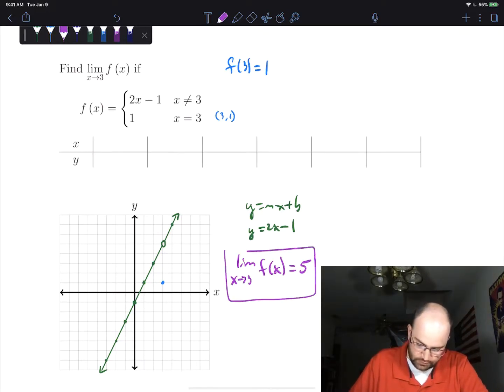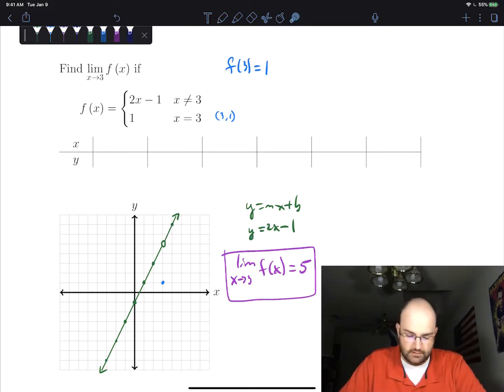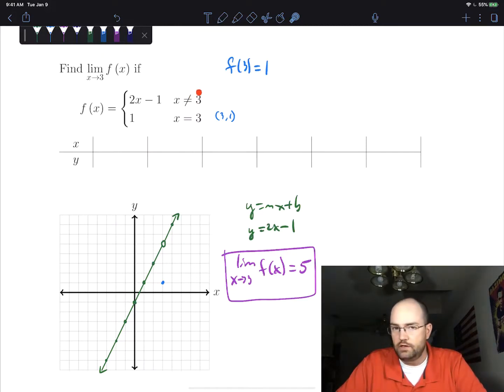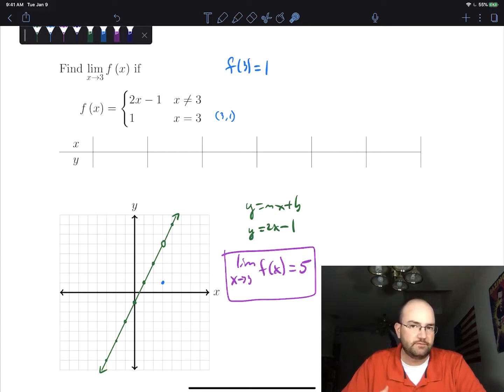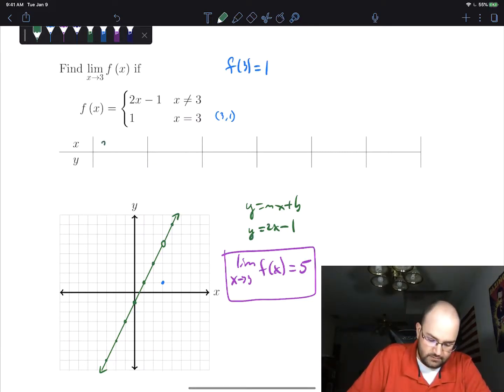But again, just to prove that this works using tables, let's figure out some x values to use. We want everything where x is not equal to the number 3. So let's go with numbers to the left of 3 and numbers to the right of 3. Let's start with 2.9, then 2.99, and then 2.999.